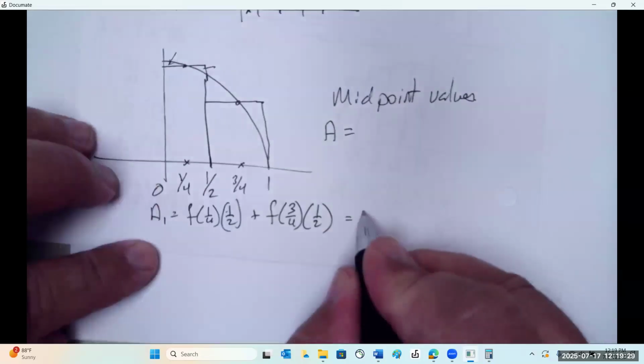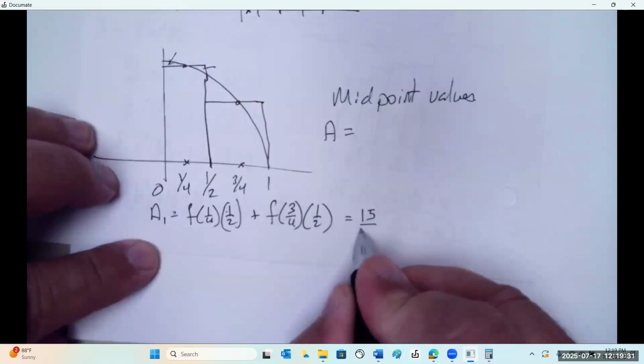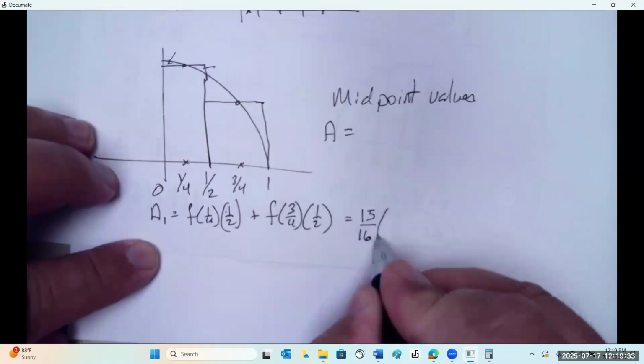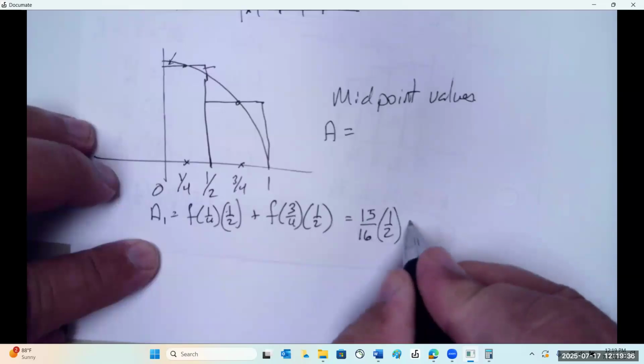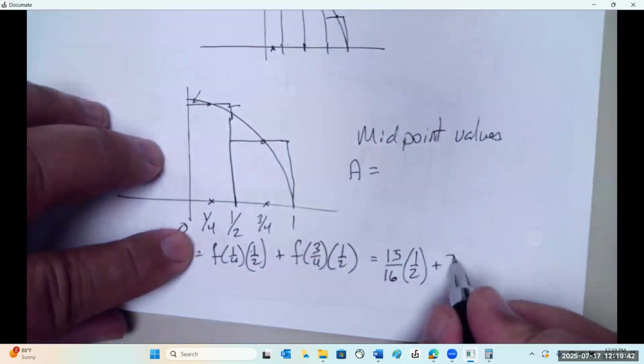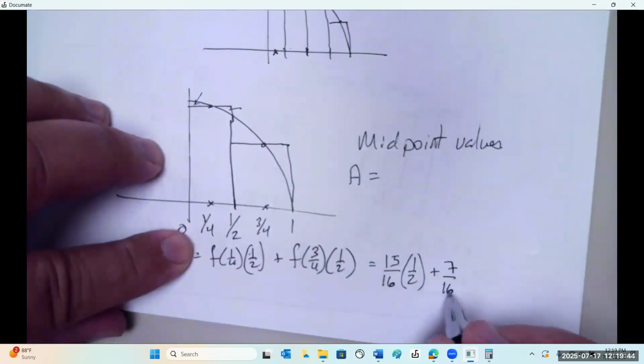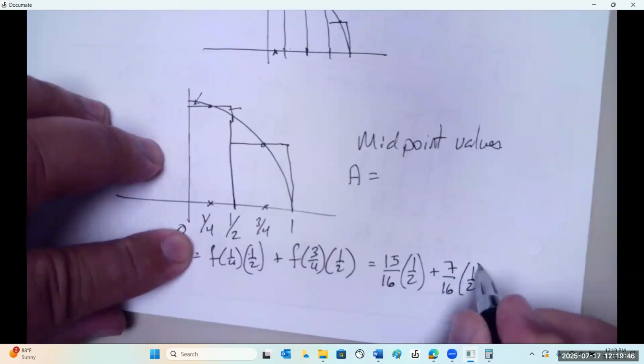F of 1/4 was 15/16 times 1/2. And f of 3/4 is 7/16 times 1/2.